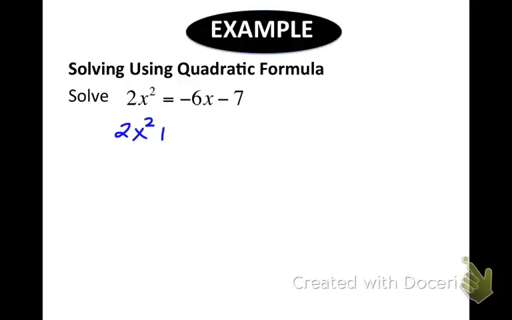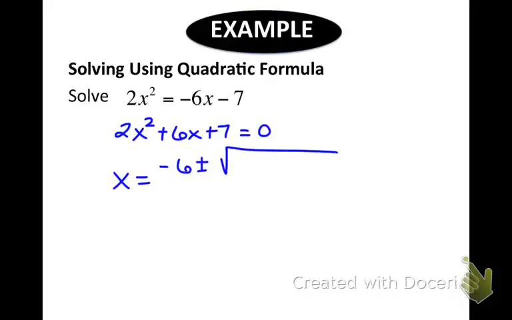So 2x squared plus 6x plus 7 is equal to 0. X equals negative b plus or minus radical b squared minus 4ac all over 2 times my a, which is 2.